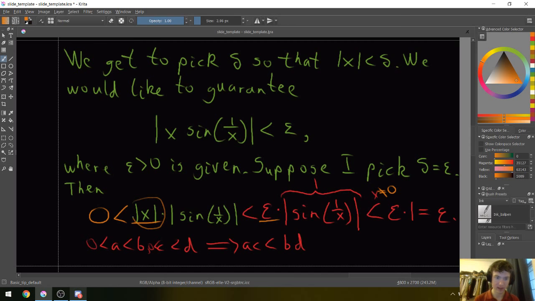Because the absolute value of x has to be greater than or equal to 0, and the sine has an absolute value, so that has to be lower bounded by 0. So I think the explanation you just gave is a good one for why this thing is non-negative. But why are we guaranteed, based on what we've said so far, that absolute value of x is upper bounded by epsilon? Since epsilon.